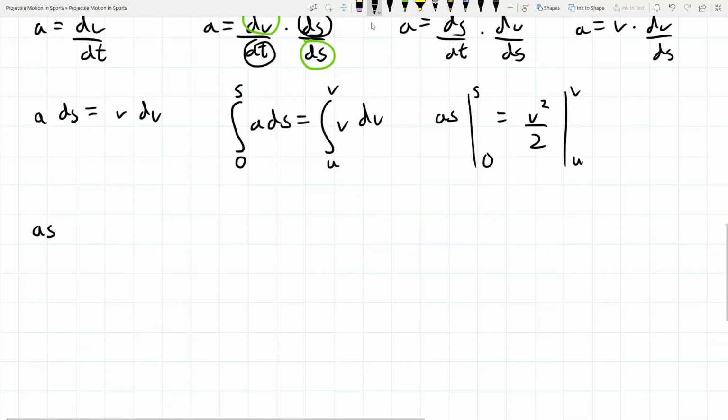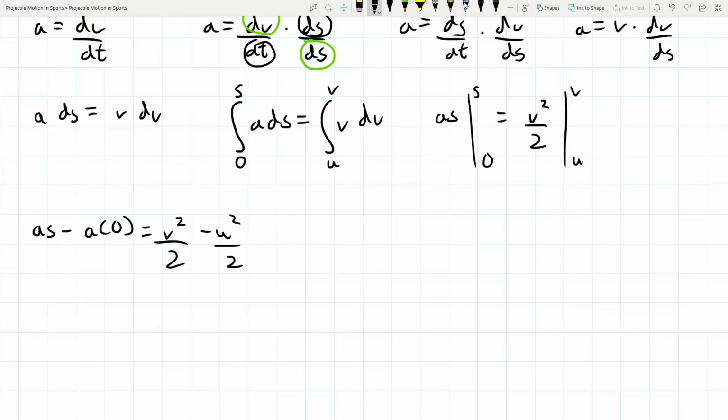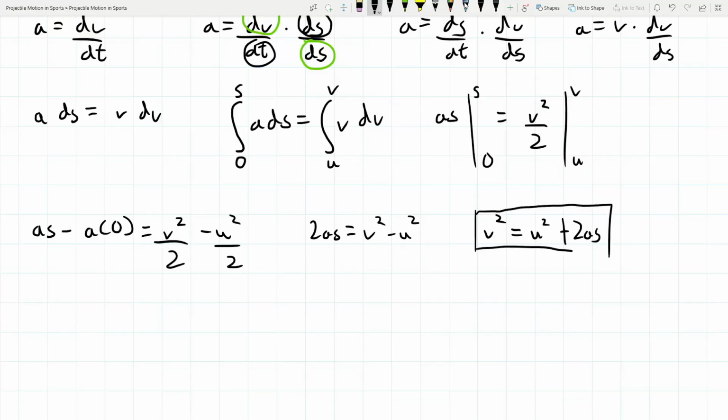We get as minus 0, well, not minus 0, technically it's minus a times 0, which is minus 0, equals v squared over 2 minus u squared over 2. So since we have over 2 here, we're going to multiply by 2 to get rid of the fraction. We get 2as equals v squared minus u squared. And now we want v squared to be the subject, so we're going to write v squared equals, adding u squared onto both sides, u squared plus 2as. And that is the third and final equation of motion, at least that we're going to talk about.